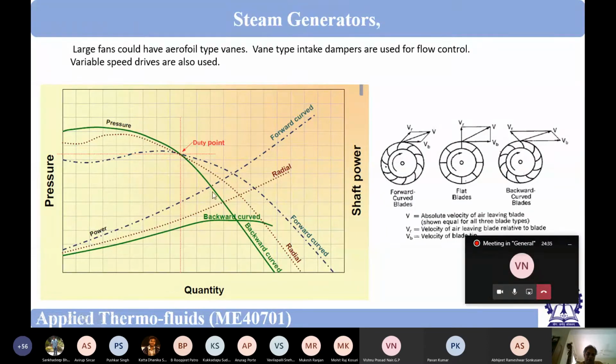So, as I have told, if I have to change the flow rate, let's say I have to operate the pump or fan over here, then obviously I have moved from this point to this point, so my pressure drop will also change. Independently, I cannot change only one quantity because the design of the machine will not allow me to do that.